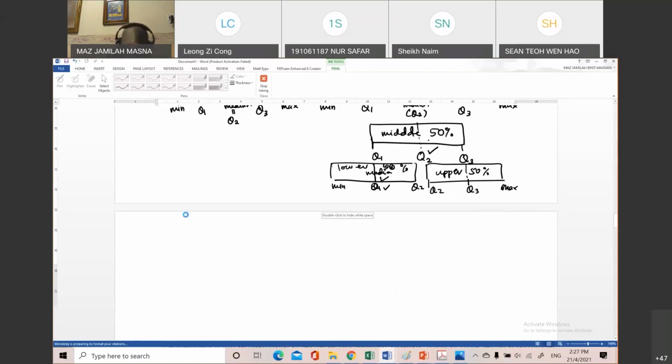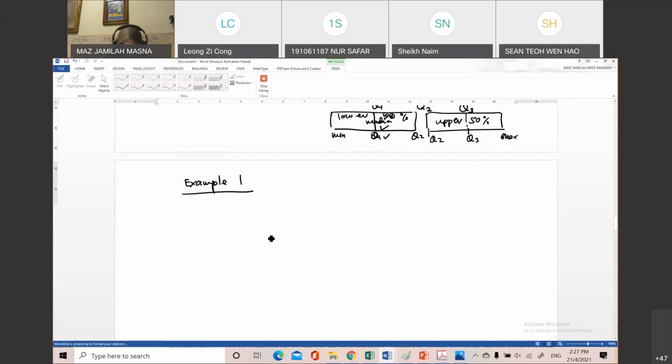For example, this is example 1. In the first case, you have your middle 50% where your median is located here. So this is your Q1, Q2, Q3, and this is your whiskers.